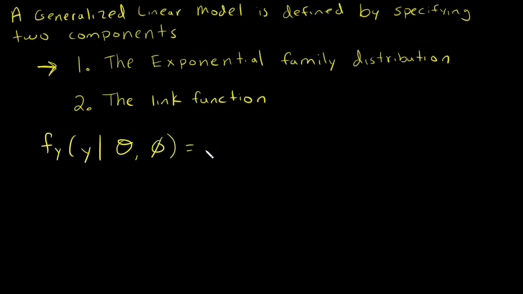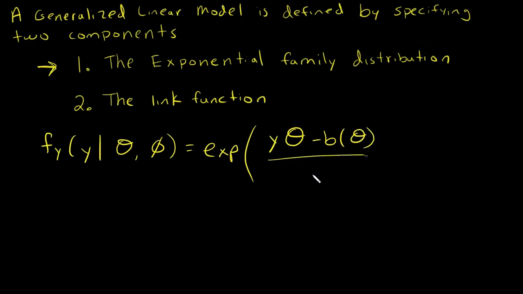This equals e to the power of, or the exponential of, y times theta minus b of theta, so this is a function, b of theta, divided by a of phi, plus c of y and phi.